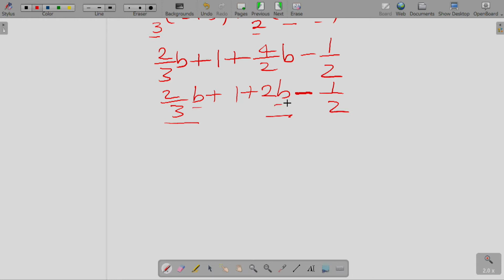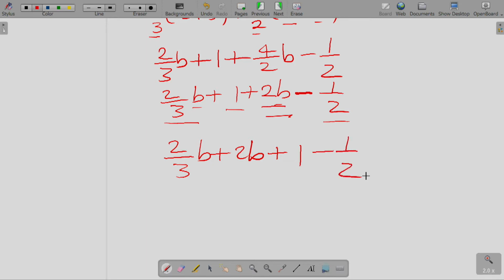Another like terms are 1 and minus 1 over 2. So let's group them together. Let's start with 2 over 3b together with 2b, plus 1 minus 1 over 2.